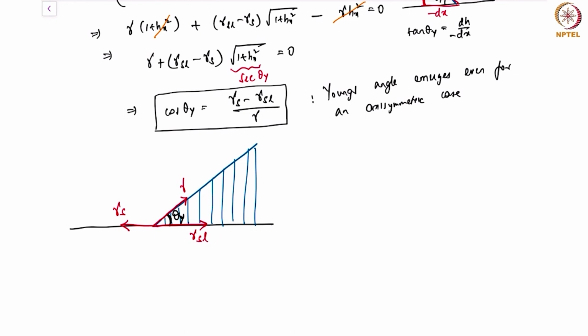Now what we will do is, we will take the surface and ask what would happen if the interface moves by a certain amount. So the interface originally was here, and I have to make sure that the angle remains the same. The interface originally was here, but now it has come to the new position here.